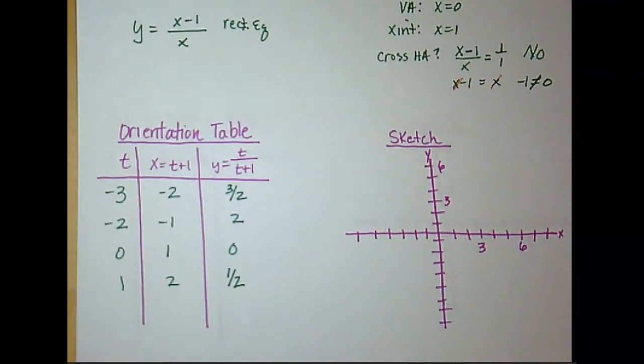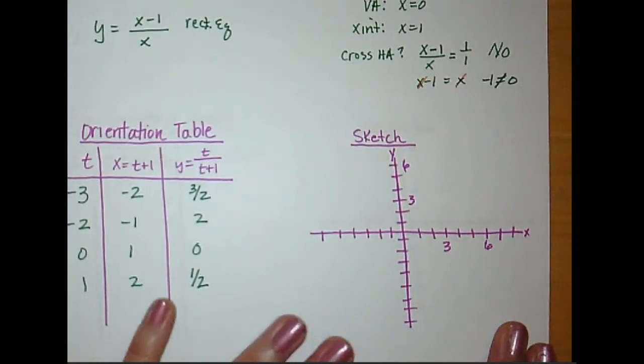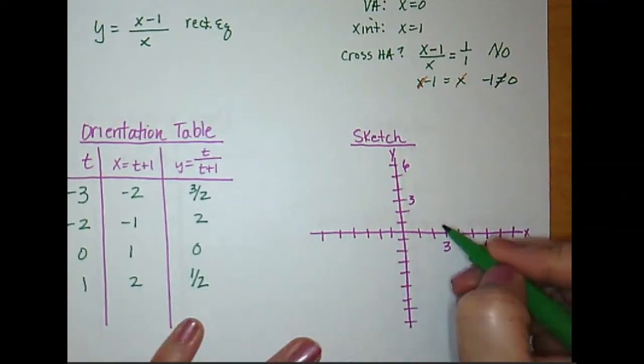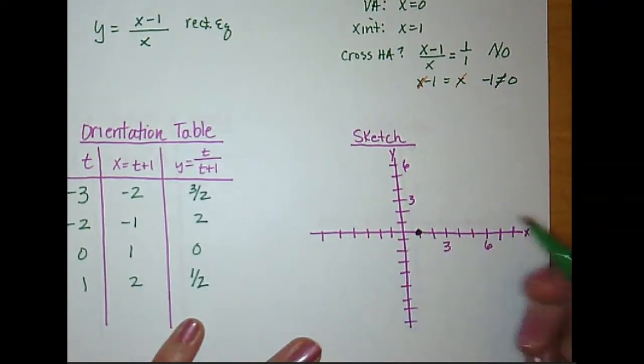The minimum I should have on an orientation table is 3 values. I'm going to have a few extra ones here just because I know it's rational with some extra stuff there. Alright, so as I graph this, I know that I have the point 1, 0, so point 1, 0 is right there.